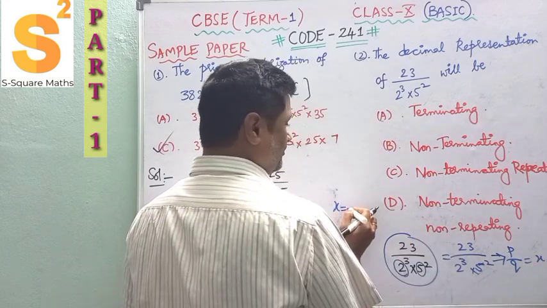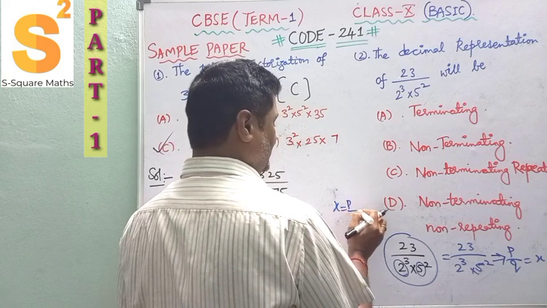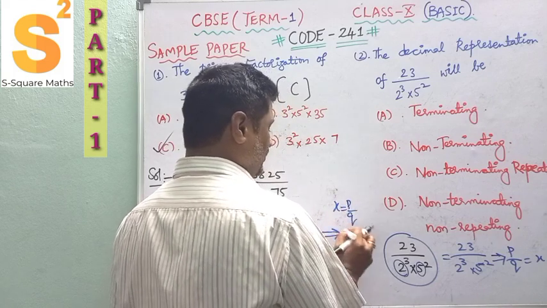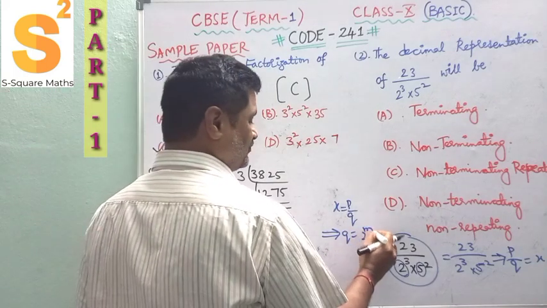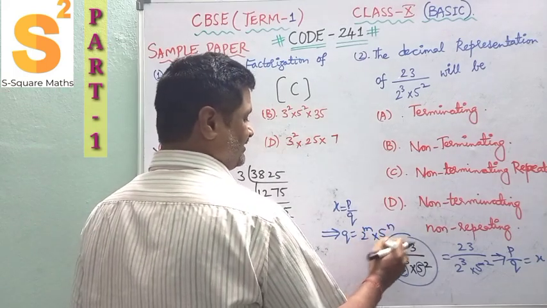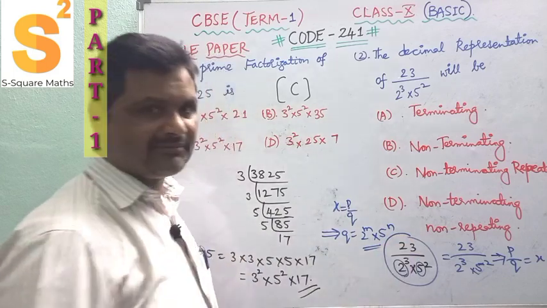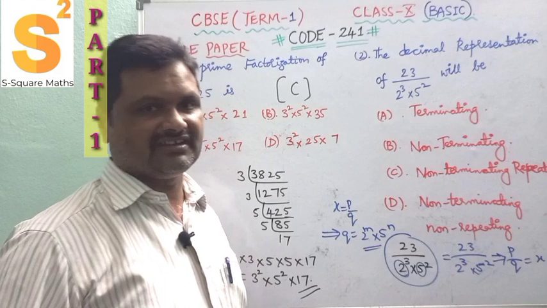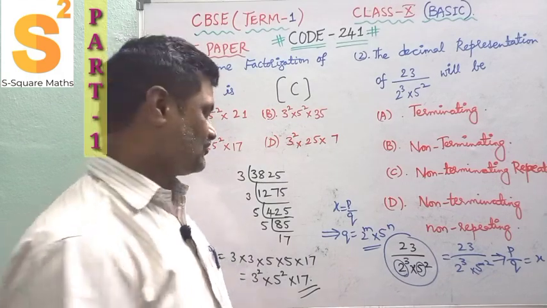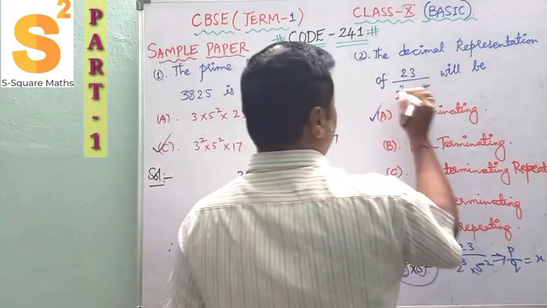If X is equal to P by Q, and Q is in the form of 2 power m into 5 power n, then we can say that it is terminating. Here 2 cube and 5 square, so m is 3 and n is 2. Therefore I can say it is terminating.